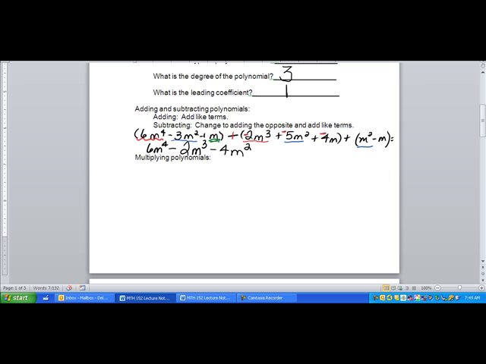I'll do that in green. We have three terms with m's, and so we want to combine. m plus negative 4m would be negative 3m. Minus an m would be negative 4m.